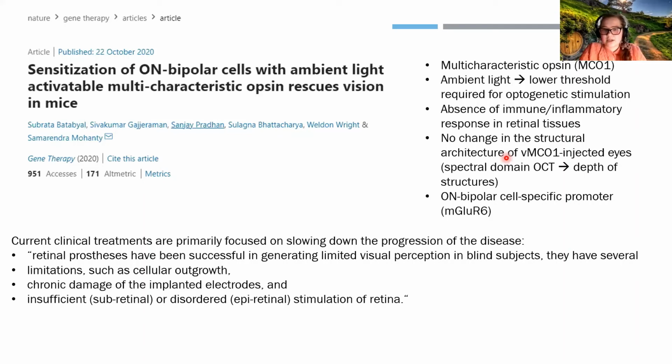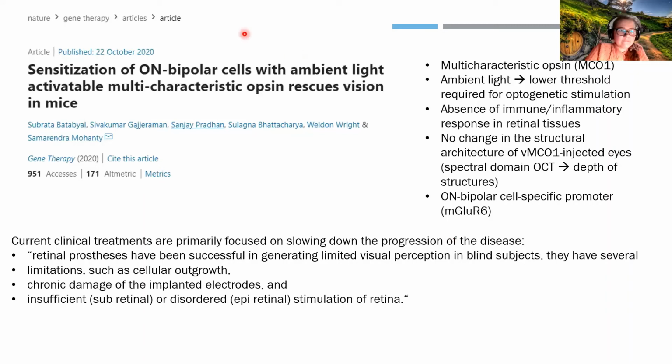After rods and cones degenerate, bipolar cells start to rearrange themselves, and that's a bad sign, and there was no such bad sign. And bipolar cells were transfected with that multi-characteristic opsin by the cell-specific promoter, that inhibitory glutamate receptor.